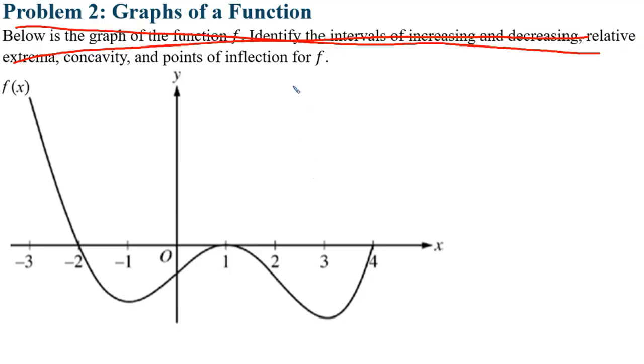Let's ask some different questions instead. Let's ask, for example, where is f prime of x less than 0? Where is my derivative less than 0? Well, that's going to be where my function is decreasing, where its slope is less than 0. So for that, we could say the interval from -3 to -1.